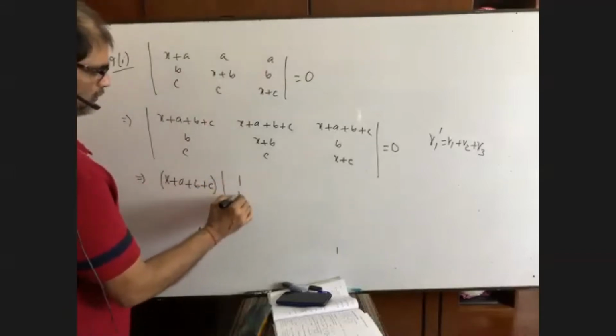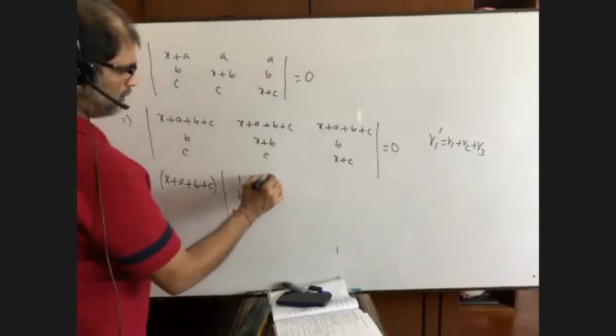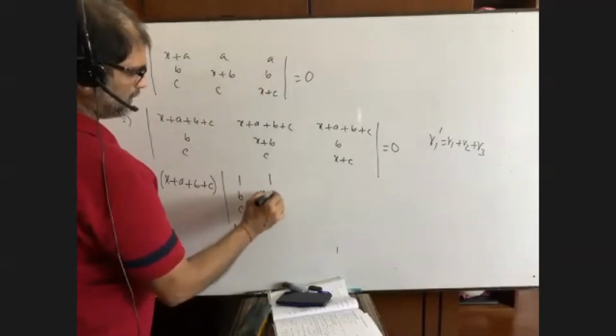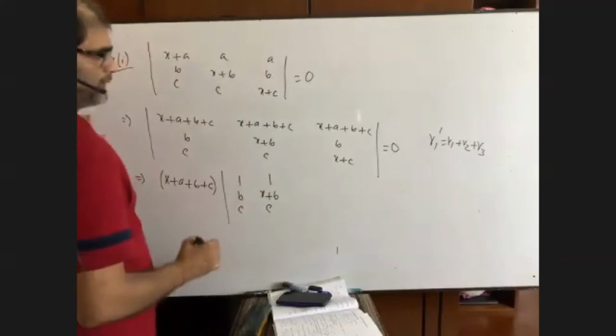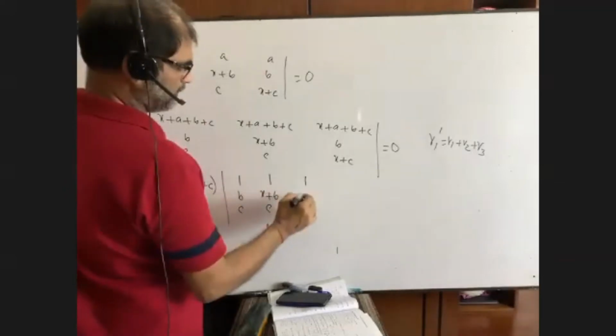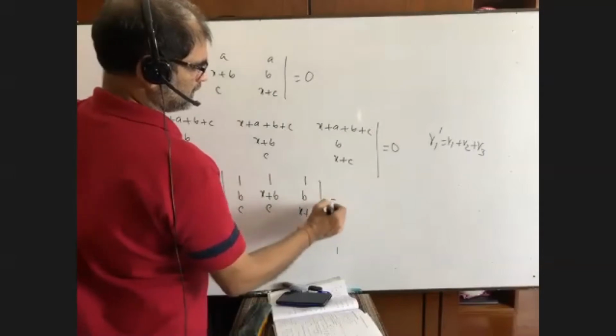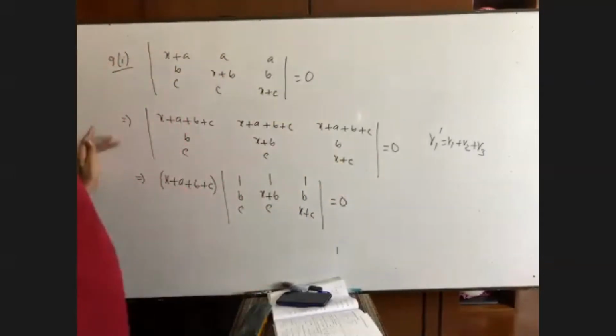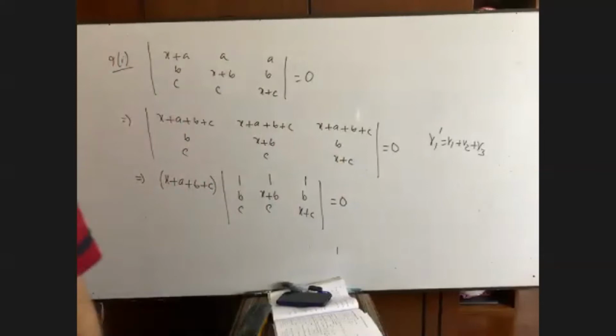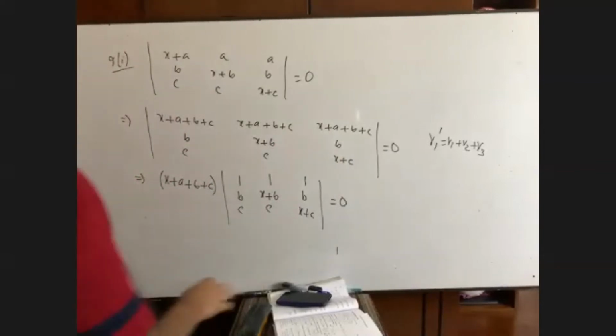Then rows 1, 1, 1; a, x plus b, c; a, b, x plus c. Now the math is done, as you have got 1, 1 and 1, right?